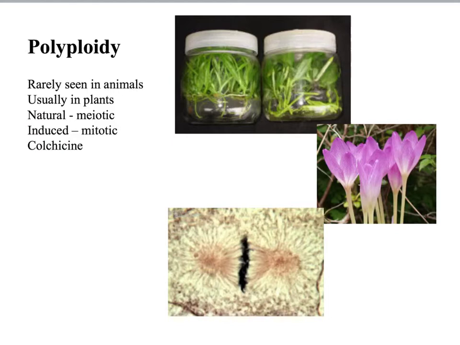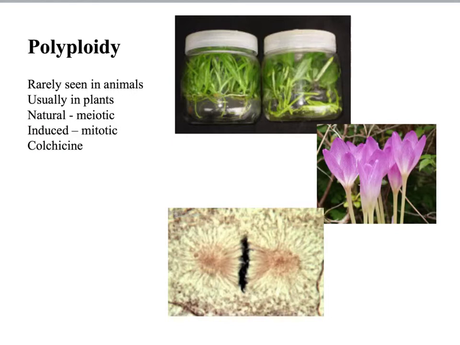If that diploid gamete is the one that is successful and ends up producing offspring, then that will produce triploid offspring, because you've got the diploid combining with another haploid. When that happens, it produces some noticeable differences in the plants.